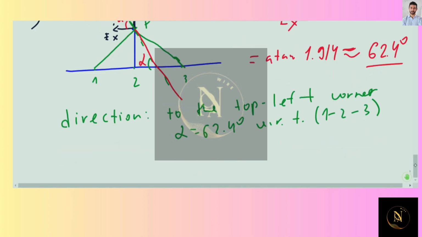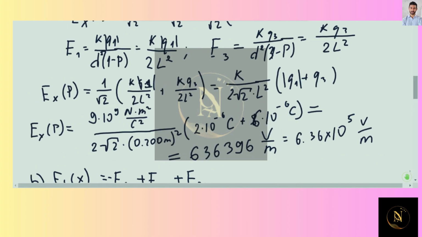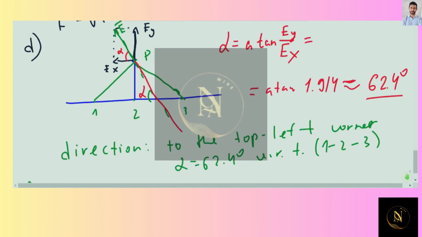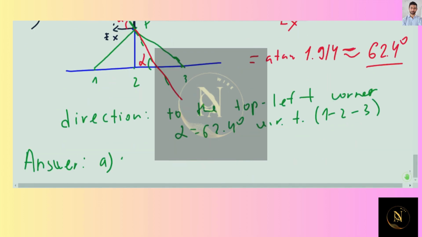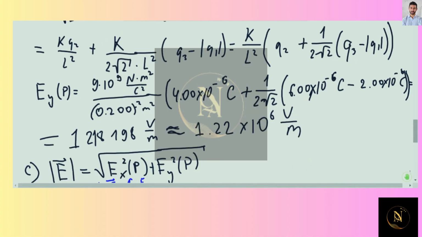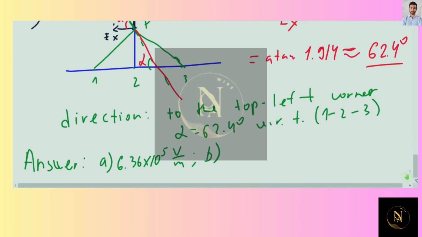So let's summarize our findings because it's been a pretty long task. For question A, the answer is 6.36 multiplied by 10 to the power of 5 volts per meter. For question B, it is 1.22 multiplied by 10 to the power of 6 volts per meter.